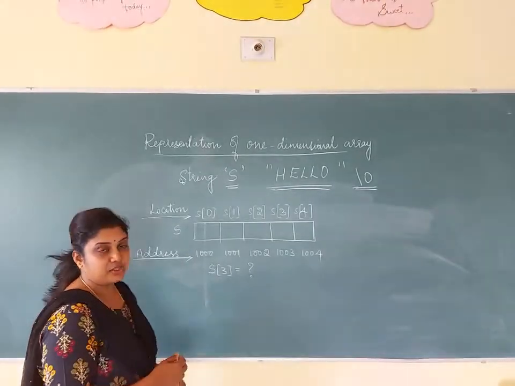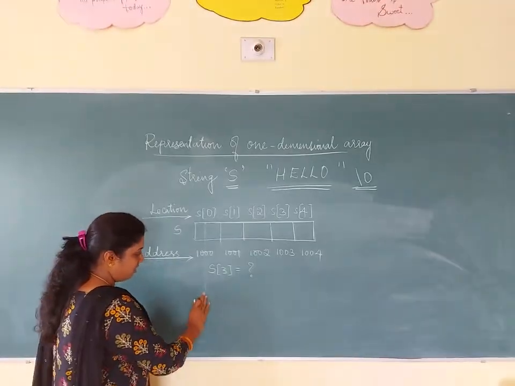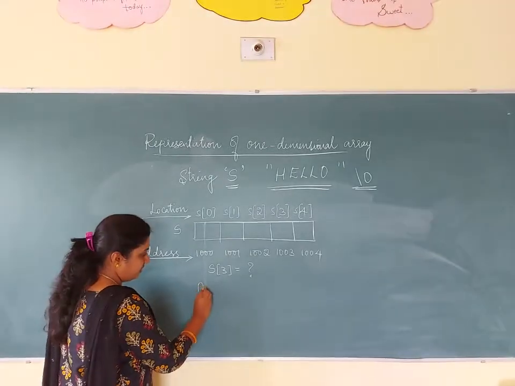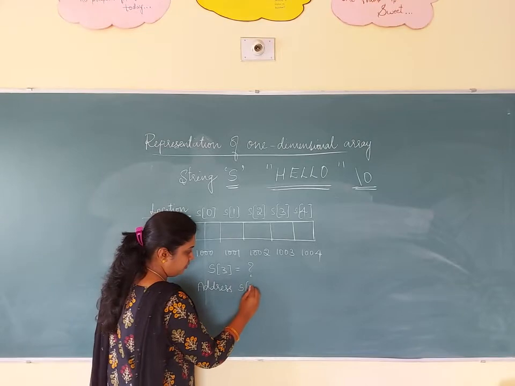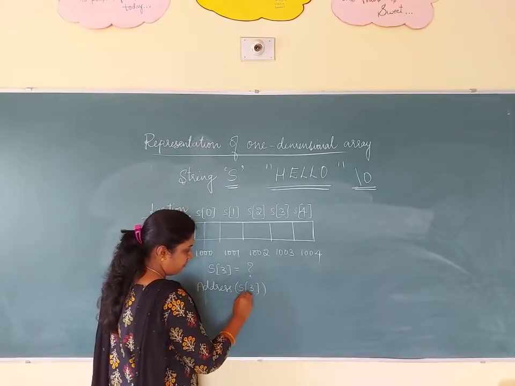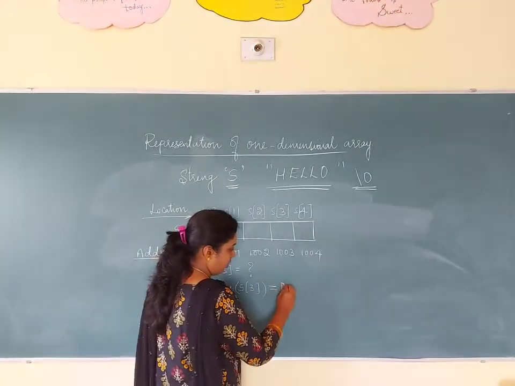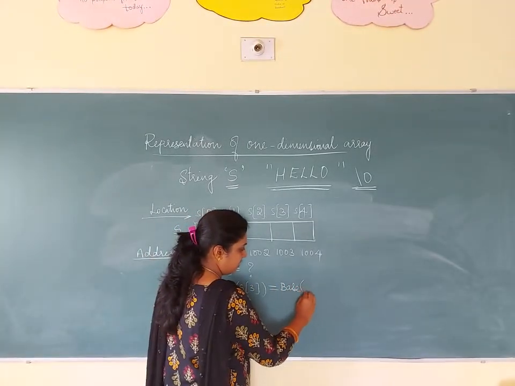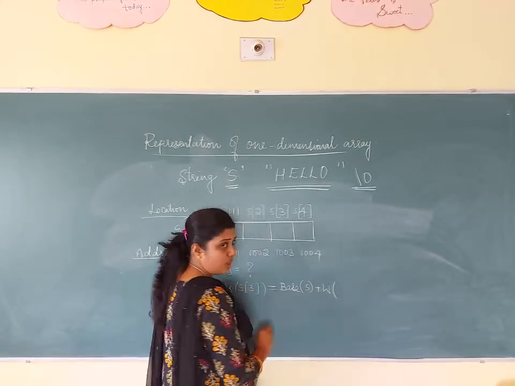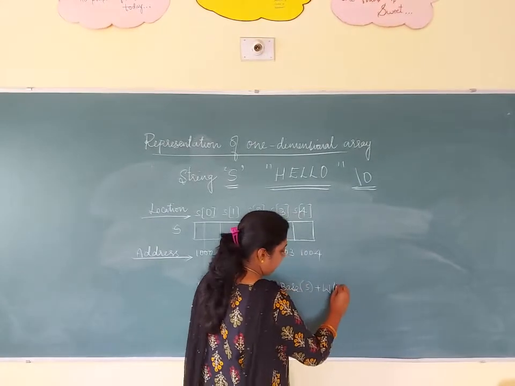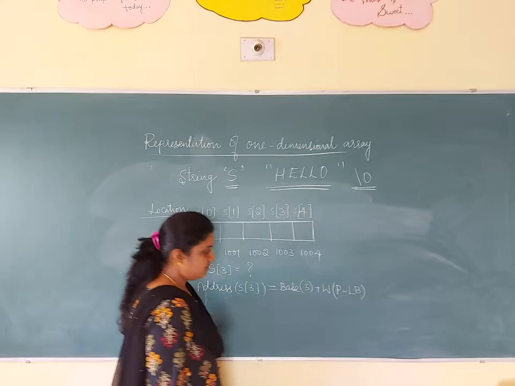Now how are we going to find it? You have to apply the formula, the one I taught previously. So here the address of S of 3 is equal to the base address of string S plus word count times P minus LB.